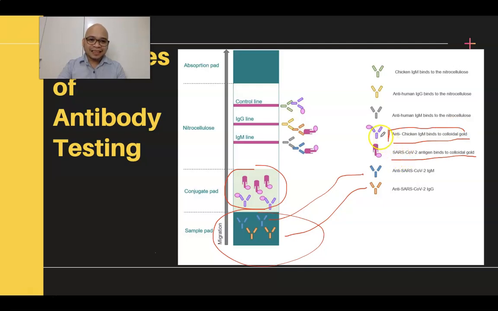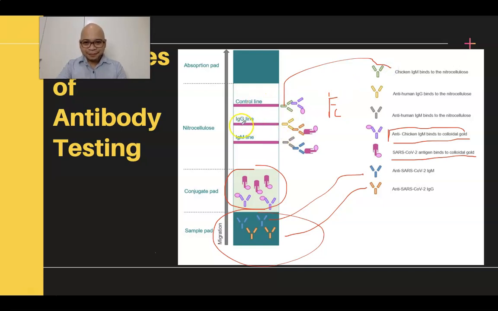The function of anti-IgM, as you can see, is to bind. The human antibodies will bind at the Fc portion, the fragment crystallizable Fc portion, of the anti-IgM colloidal gold. As you can see, the green here is the chicken IgM bound to the nitrocellulose strip.